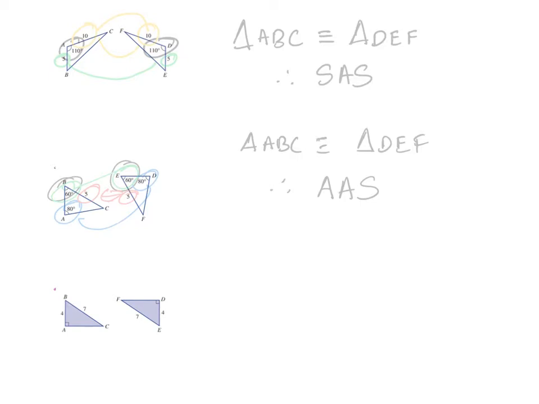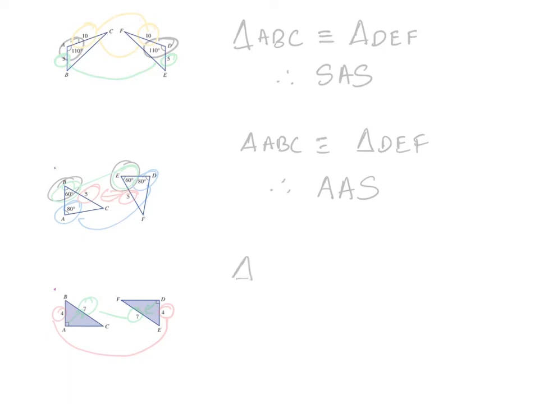Now this last one here is a right angle triangle, and for a right angle triangle, what is the information that we need for them to be congruent? Well, we need to have the hypotenuse, remember the hypotenuse directly across from the right angle. They need to be equal, and we need to have one more pair of corresponding equal sides. So this one and this one are equal in the same spot, so they are corresponding. So how will we write that one?